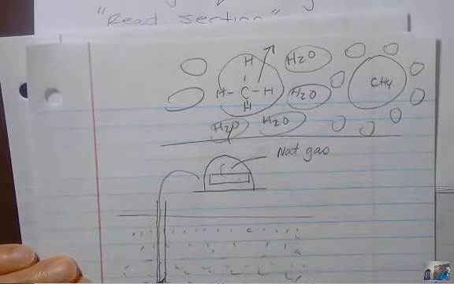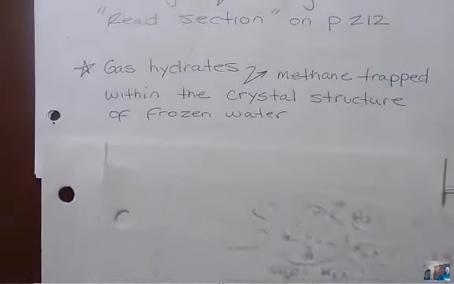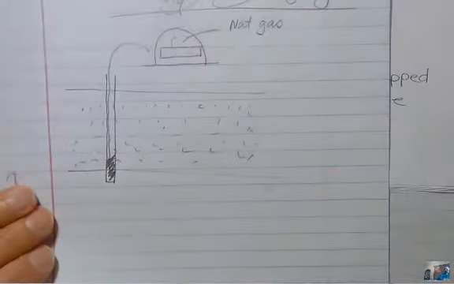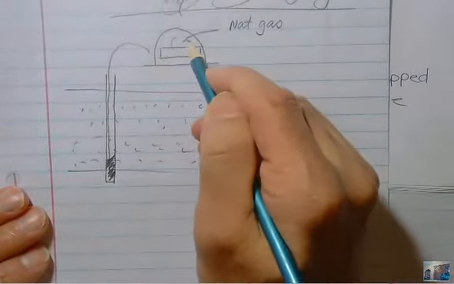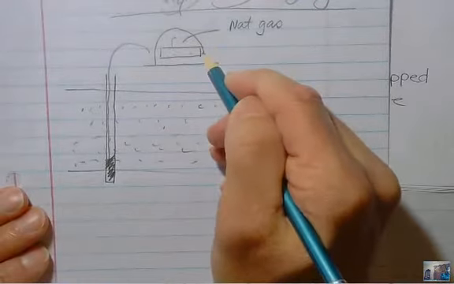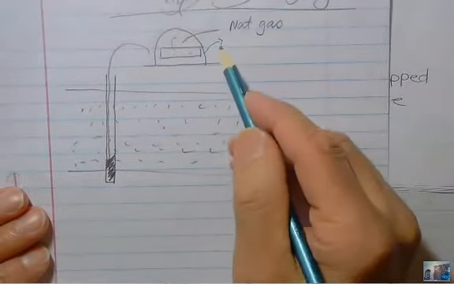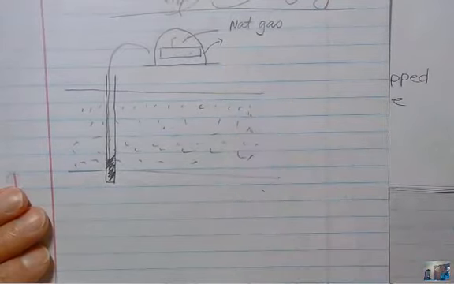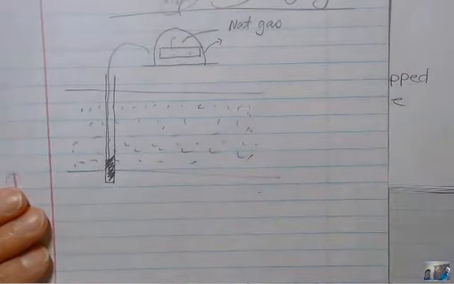We don't want the gas to escape into the environment. We want that gas to be trapped somehow. So we want to make some kind of a chamber where we do the melting so that we can collect this gas. If the gas escapes into the environment, natural gas in the atmosphere is a greenhouse gas, like carbon dioxide, so we don't want it to just escape directly into the environment.